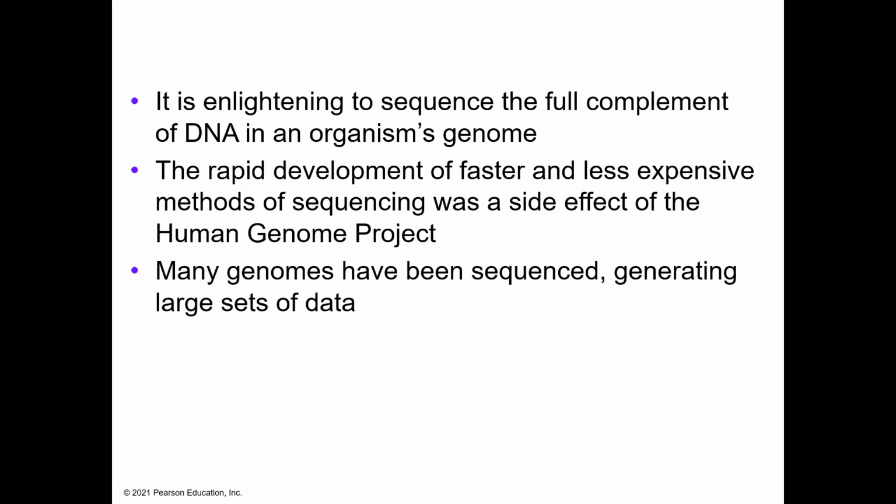The rapid development of faster and less expensive methods of sequencing was a side effect of the Human Genome Project. So not only have we been able to identify the genome of humans, but we're starting to do that with a lot of other species. So many genomes have been sequenced, generating large sets of data.